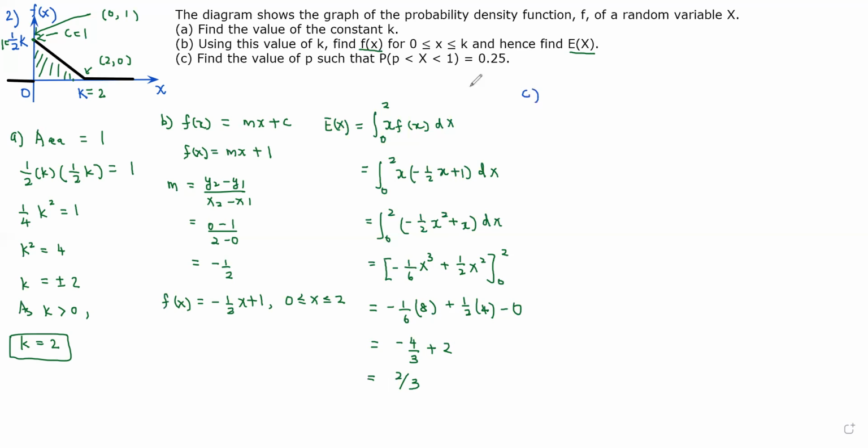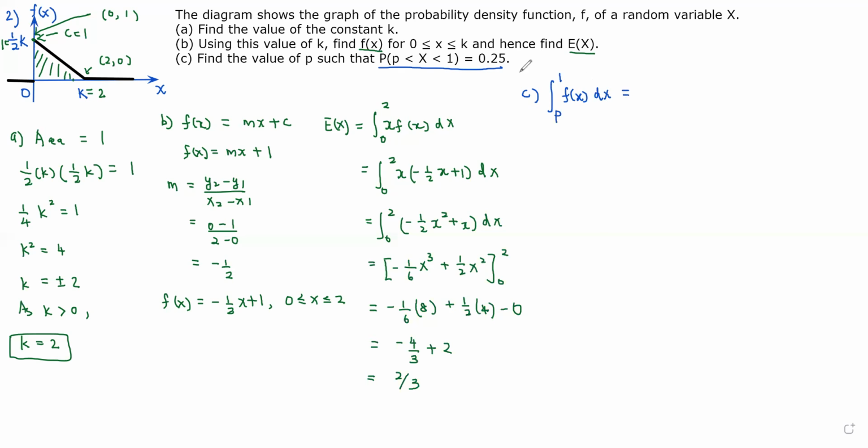For part C, we need to find the value p such that the probability that x is in between p and 1 is 0.25. The probability that x is in between p and 1 is the definite integral of f(x) from p to 1.